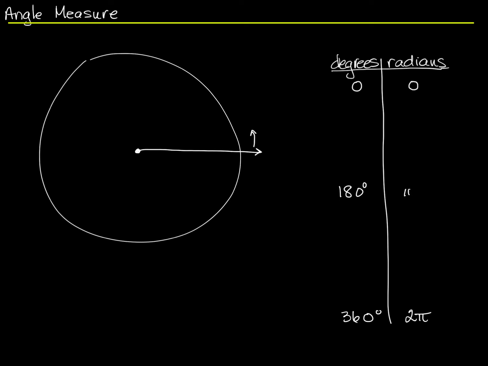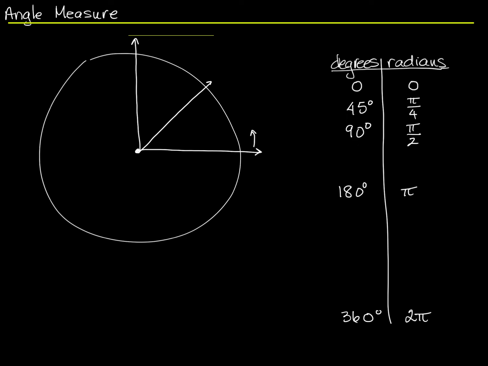Half of 2 pi is pi. If I stop here, I've turned 90 degrees. That's half of a half circle. Well, that's half of pi, or pi over 2, which is how it's commonly written. Half of that is 45 degrees. Well, that's half of pi over 2, or pi over 4. And so on.